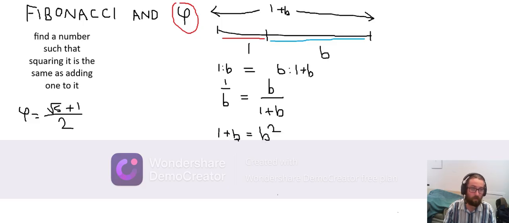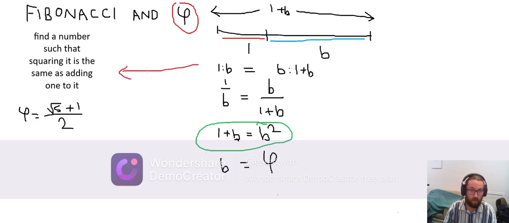And this should already look extremely familiar. Looks like I'm squaring a number on one side and adding 1 to it on the other side. And again, this means that B is going to be our friend, the golden ratio. Kind of weird. Two problems that don't really seem related to each other, but they give the exact same answer, which is square root of 5 plus 1 over 2.